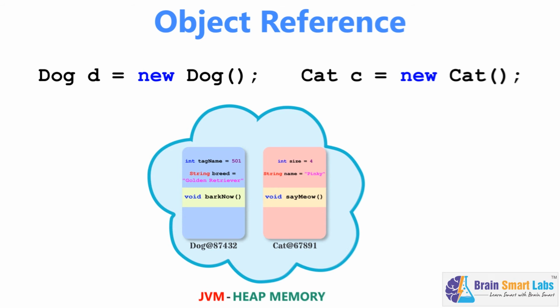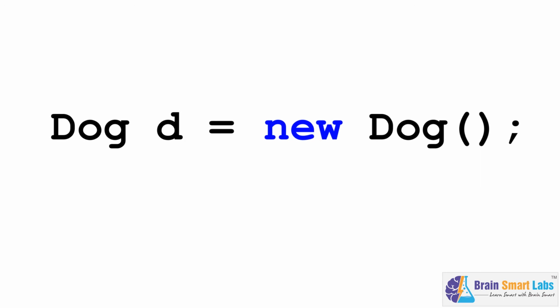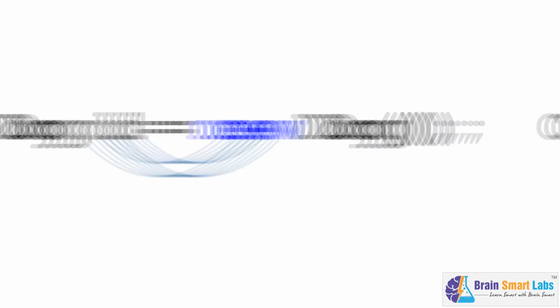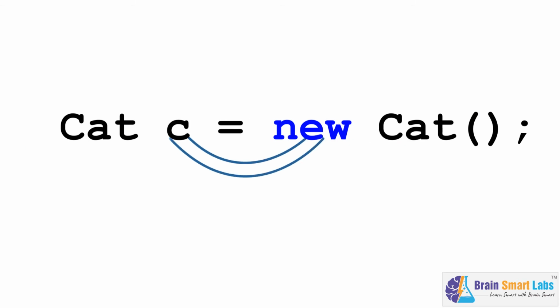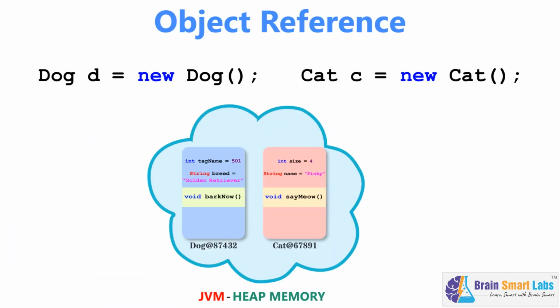These addresses where the objects are located will be transferred into our variable d of type Dog and variable c of type Cat respectively. From here on, these variables will start referring to the Dog object and Cat object as they hold the object reference of Dog and Cat respectively.